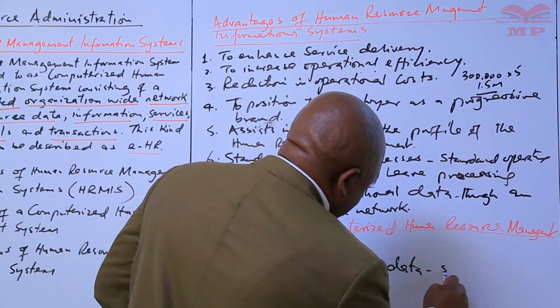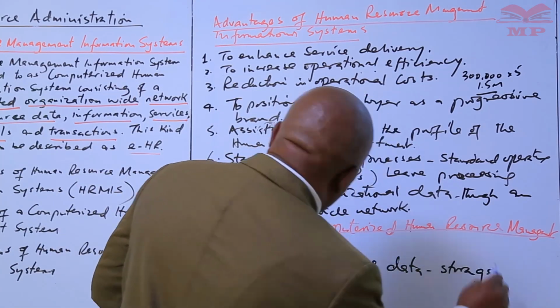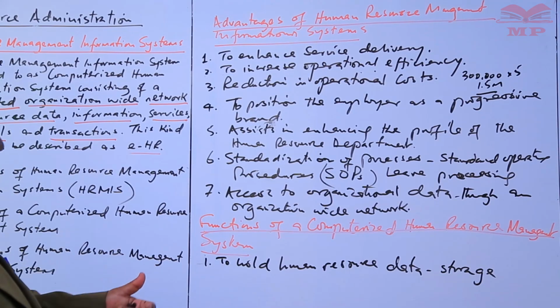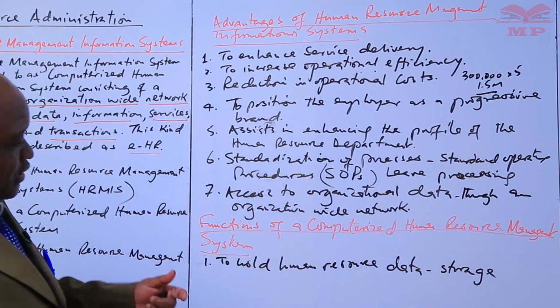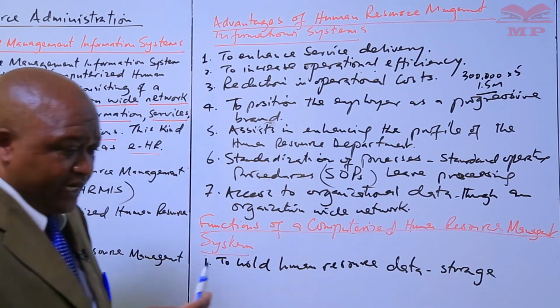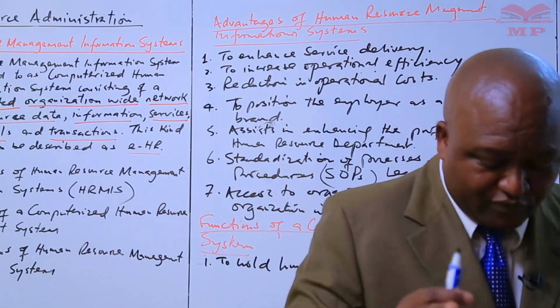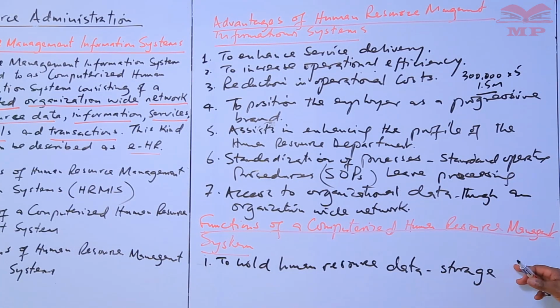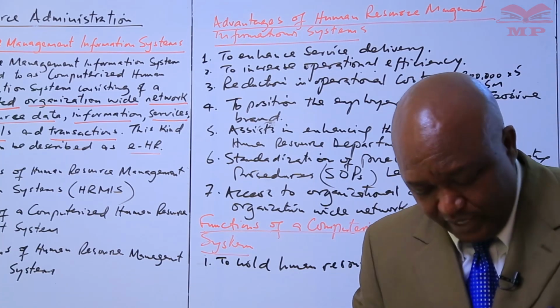So this is basically storage. A function of the human resource management system is to hold the human resource data. For example, if you have the payroll details relating to an employee's earnings in the past, then some information remains standard. So when that information is held, processing subsequent payrolls where there are no changes becomes easy.